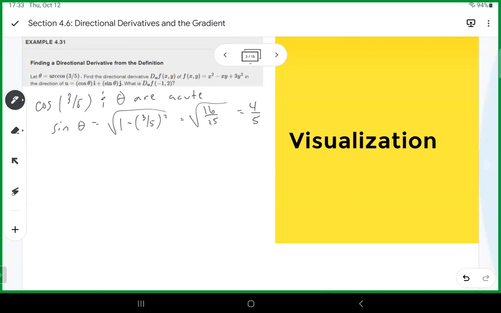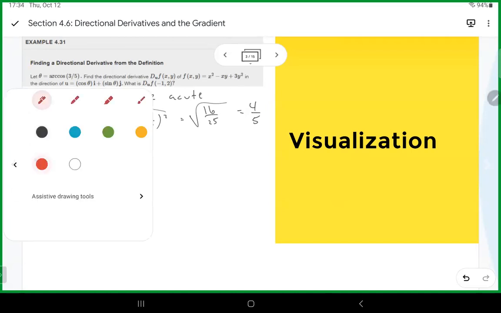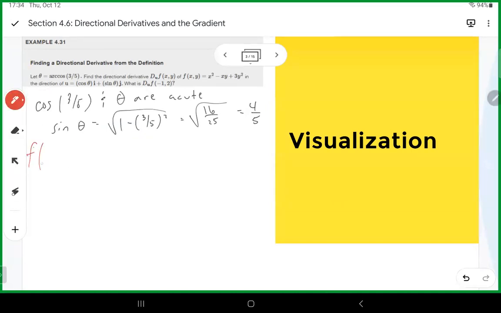Okay. So now we want to calculate f of x plus h cosine theta, y plus h sine theta.